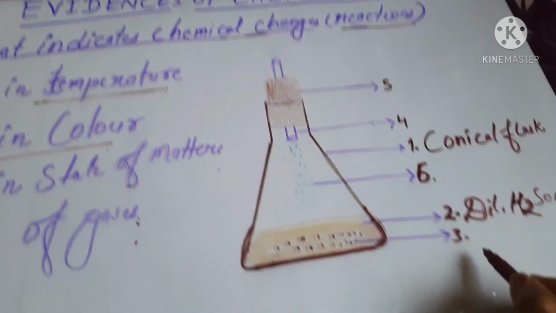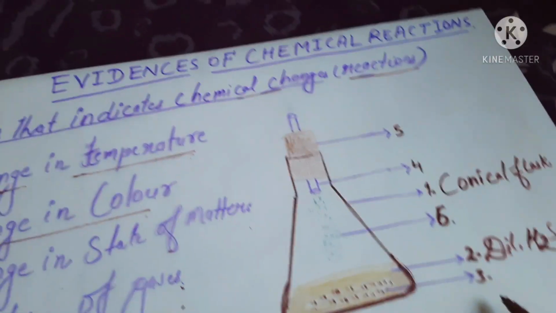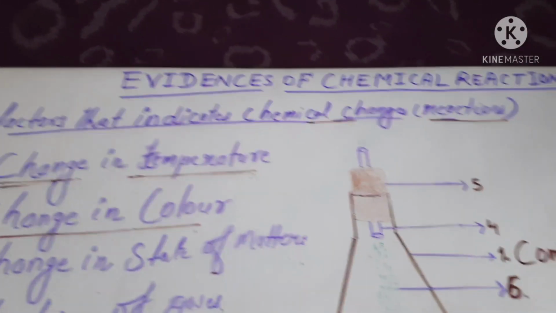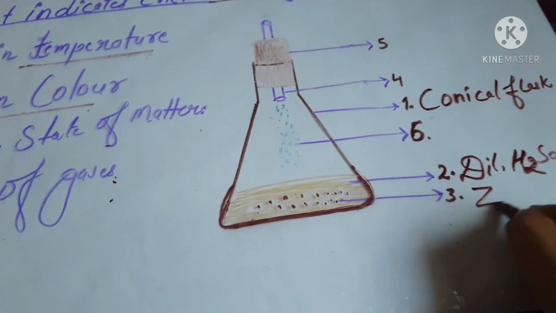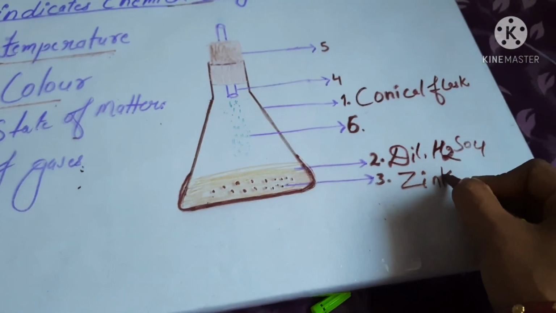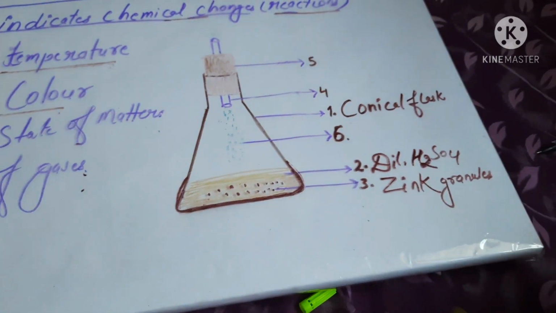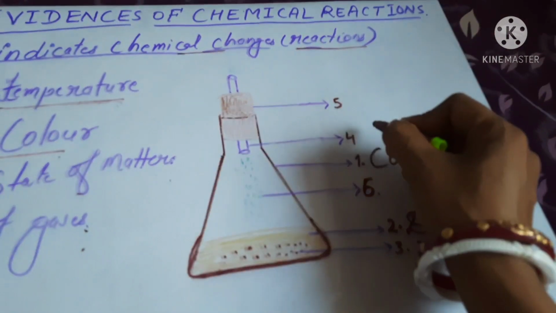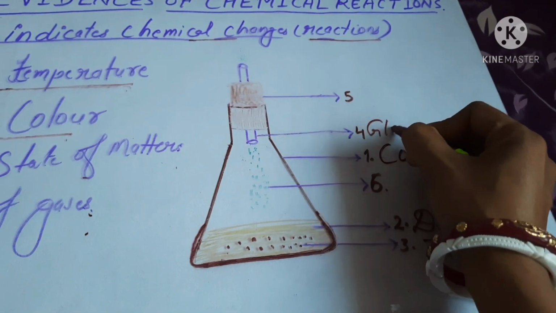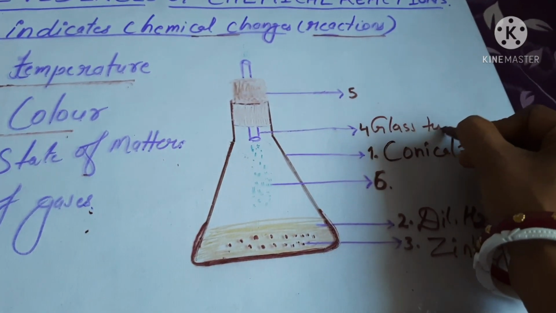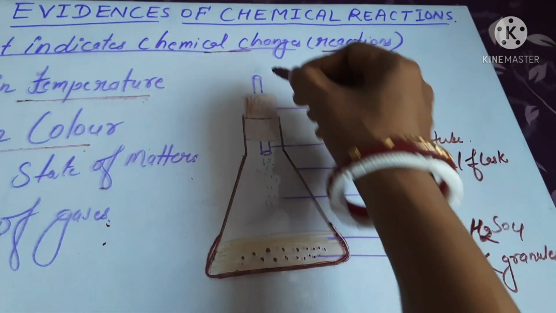Now the third one is the zinc granules. The fourth one is the glass tube, of which both ends are open.